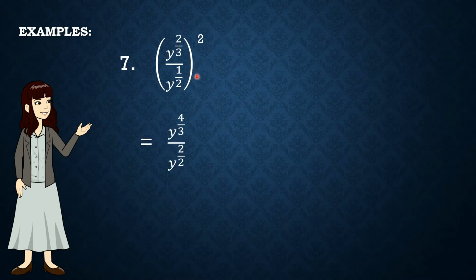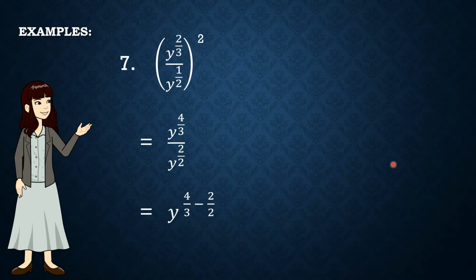So we need to multiply the exponents. So y raised to 2 times 2 is 4 over 3, over y, then 1 times 2 is 2 over 2. So y raised to 4 over 3 over y raised to 2 over 2.